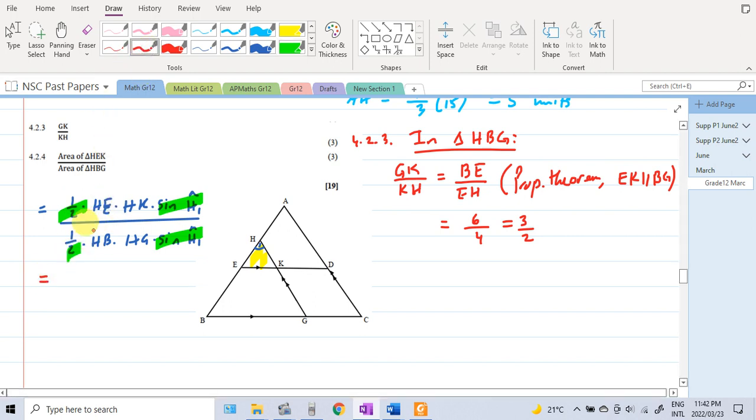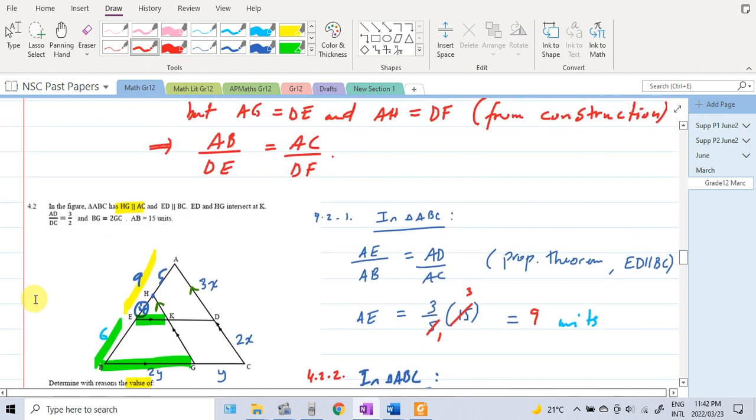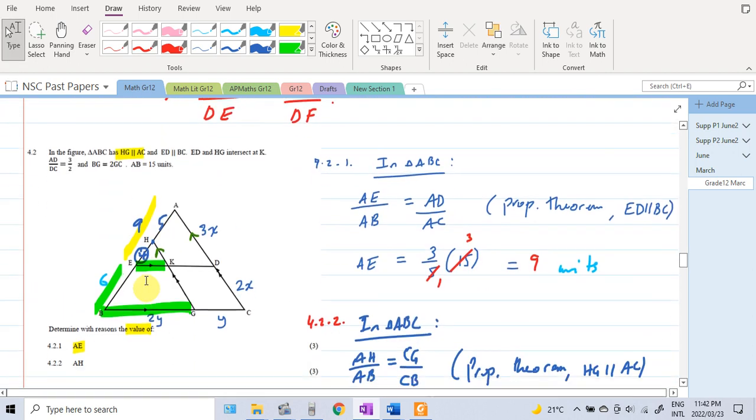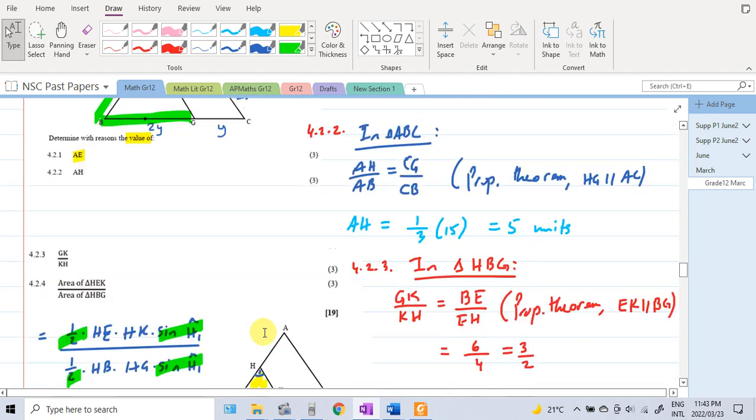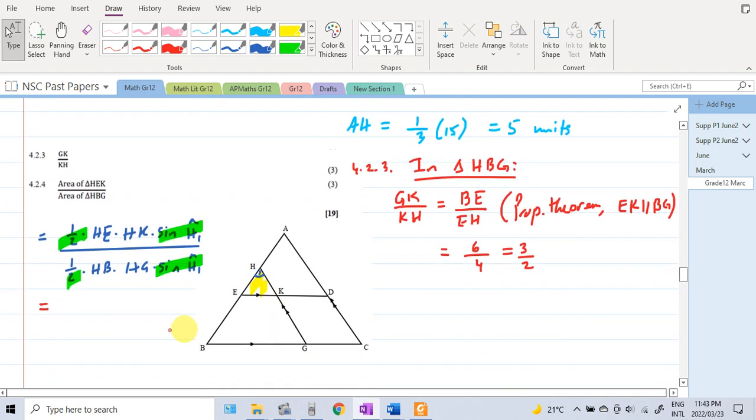What was the distance HE? The distance HE was 4 and the distance HB was 10. So we have 4 over 10. Remember HB is 10. So remember this was 4 and this was 6. Next one, HK. What is HK?